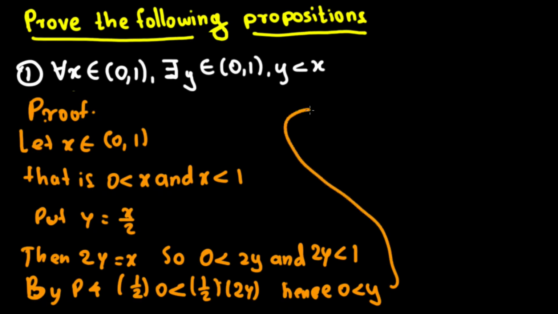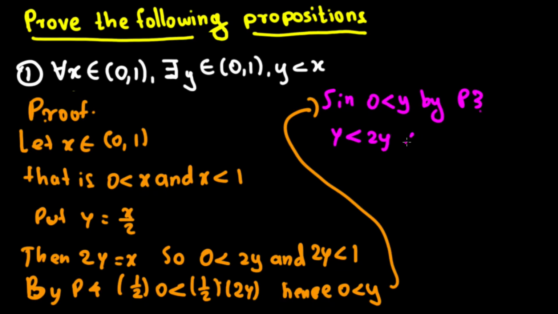Okay, let's continue here. Let's use a different color. Since 0 is less than y, by proposition number 3, y is less than 2y. Therefore y is less than 1.